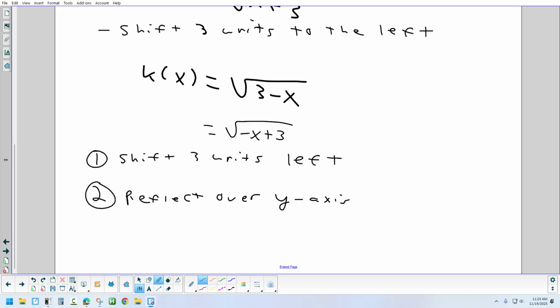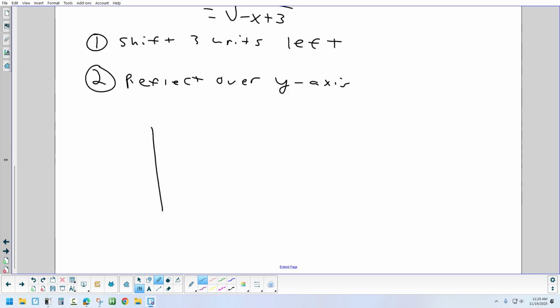Now, if we graph that, is that the kind of graph that has a starting point and curves in one direction, or the kind that goes in both directions? It only goes in one direction. And what direction does a square root normally go in? Normally it would curve to the right.